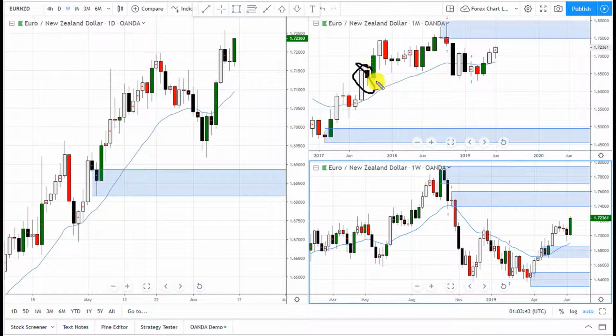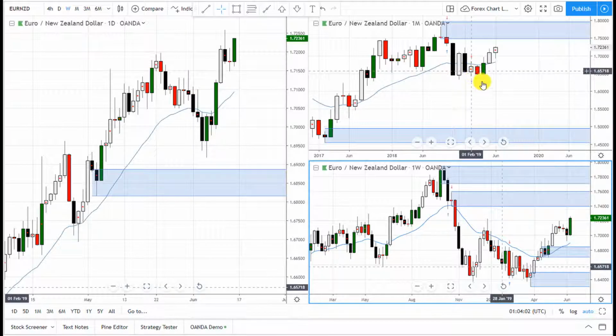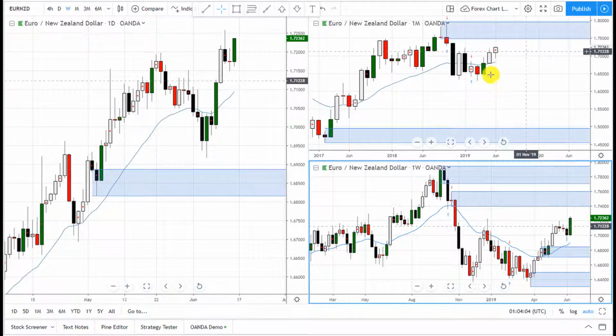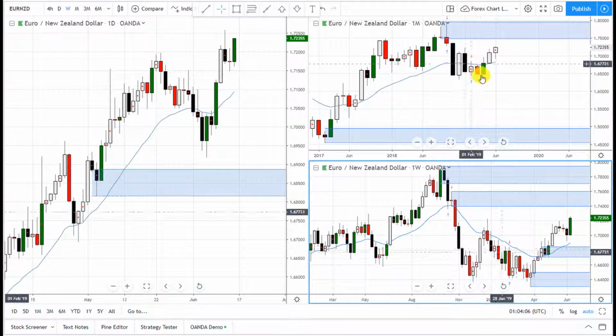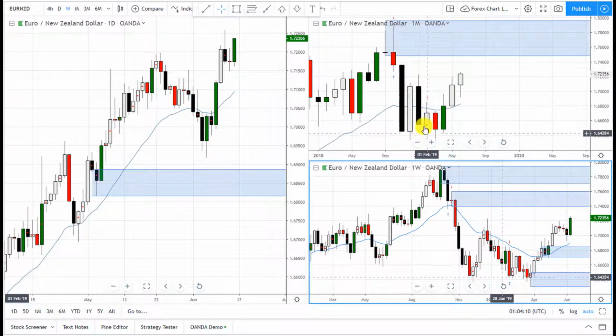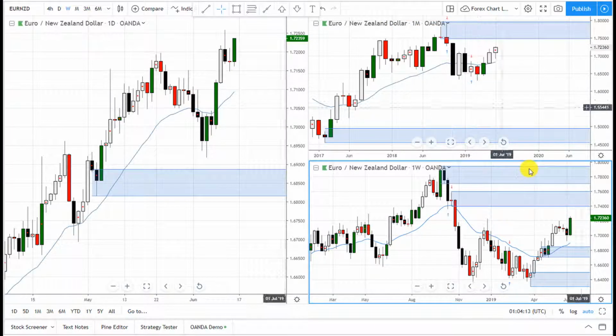This demand zone here. So it formed this bullish engulfing candle over this red bar, and then it rallied.